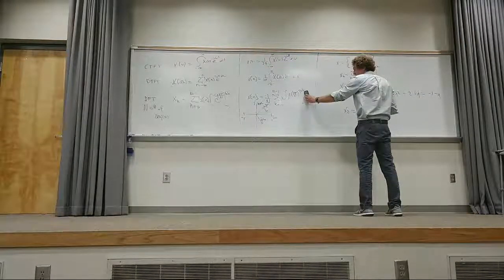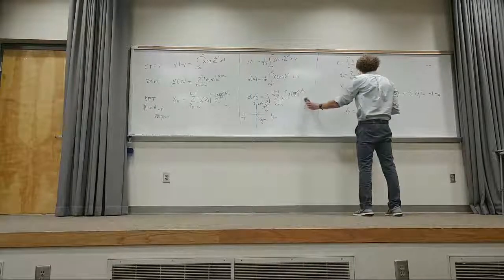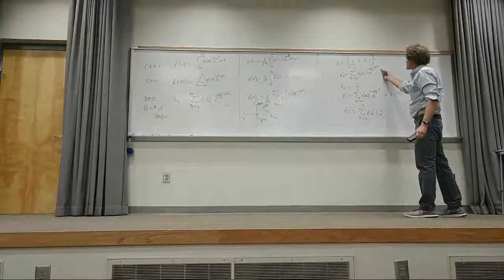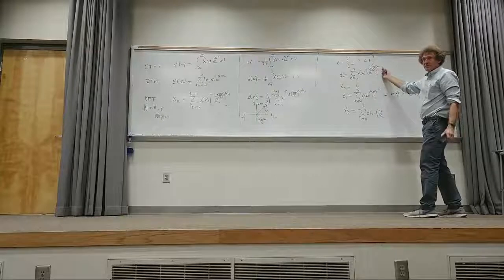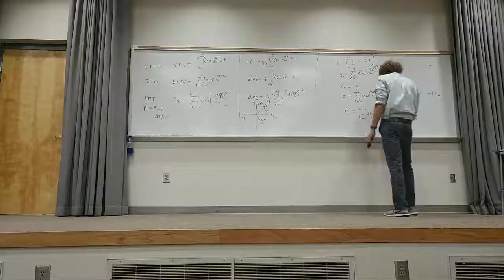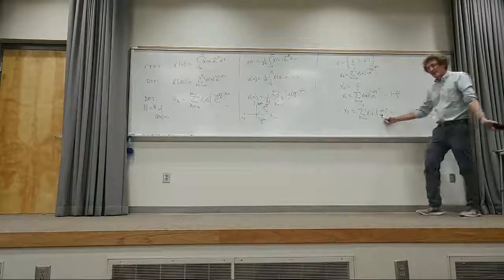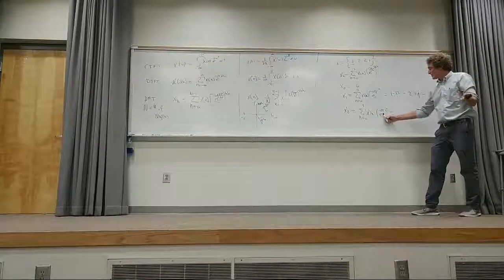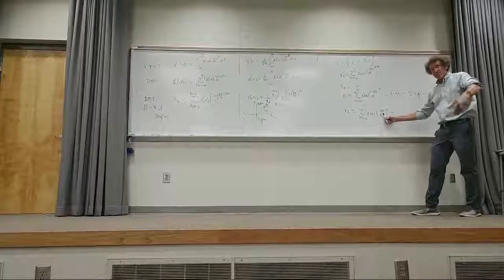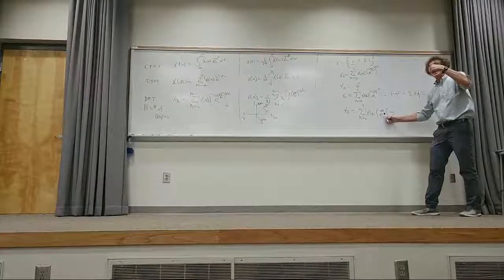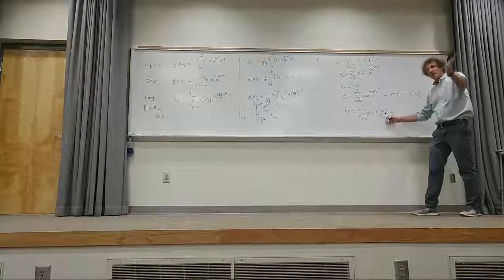Which means, what do I get? If this is 2, don't I get e to the minus j pi to the n power? Sure. Now at n equals 0, this is 1. n equals 1, it's minus 1. n equals 2, it's 1. n equals 3, it is minus 1.